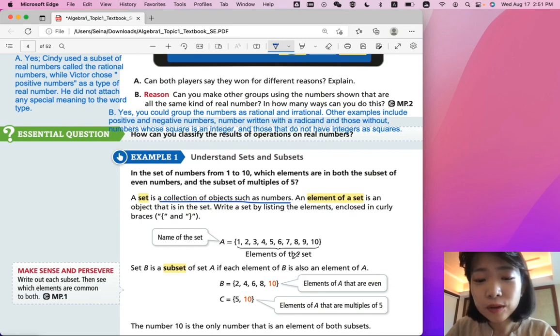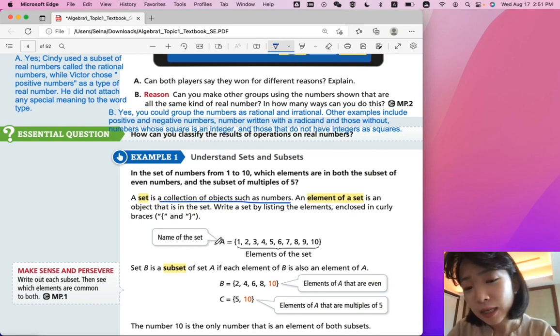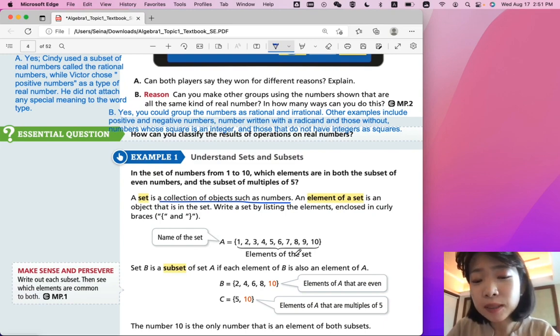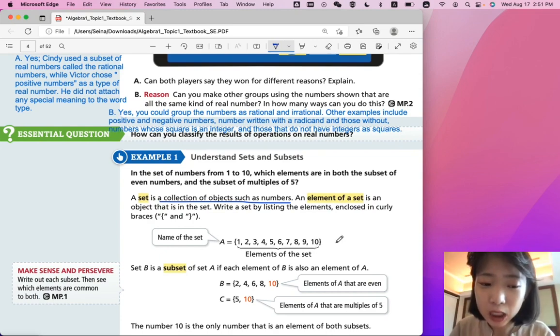So if you look at this, A is the name of the set, and you can put all the elements of the set by using commas in between. And you can enclose the set with curly braces like these. This is how you write a set.